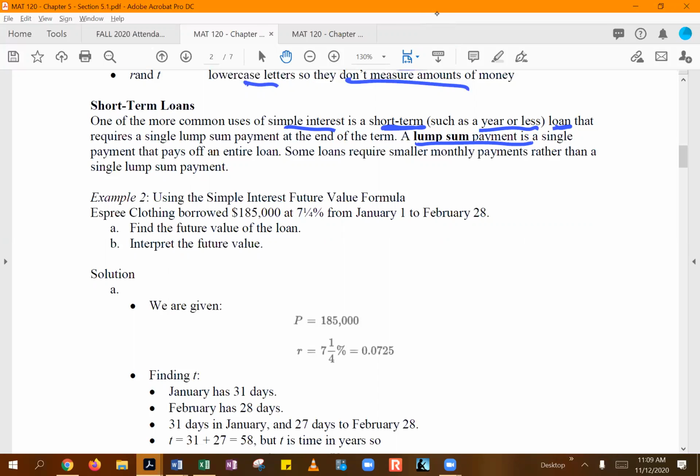Of course, we're talking about a loan, which means you pay the money that you borrowed, but you also have to pay interest on the money you borrowed. Some loans require smaller monthly payments rather than a single lump sum. So either you can pay a lump sum, which means the principal that you borrowed plus the interest that money earned, all together at the end of your term, or you can make smaller monthly payments.